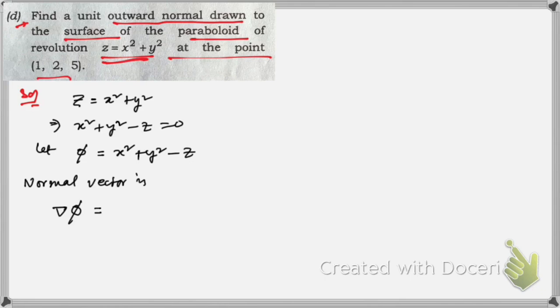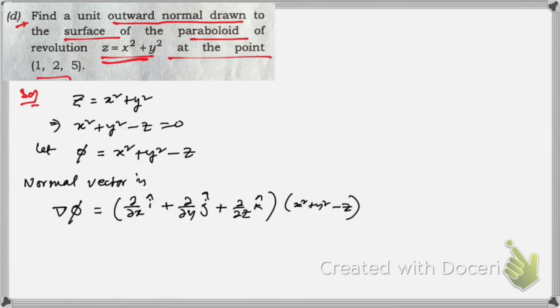So del phi by del x i cap, plus del phi by del y j cap, plus del phi by del z k cap, where phi is x square plus y square minus z.